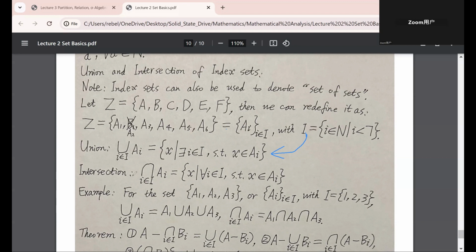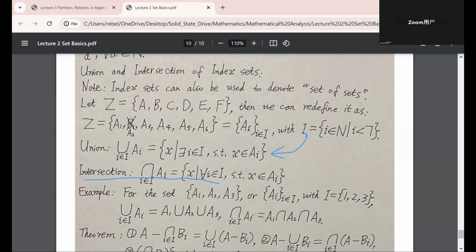But intersection is defined as for all, because if you define it over 3 sets or more, x must satisfy the condition for all sets. If one set doesn't satisfy the condition, then it will not be in the intersection of all of them.